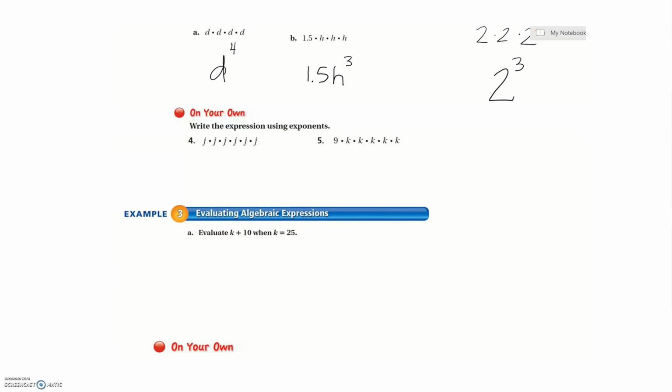Please pause the video and try this and see how you do. Hopefully you tried on your own. 1, 2, 3, 4, 5, 6, 6 J's. So I'm going to have J to the 6th power, I keep my 9, and I'm going to have K as my base. 1, 2, 3, 4, 5 of those.